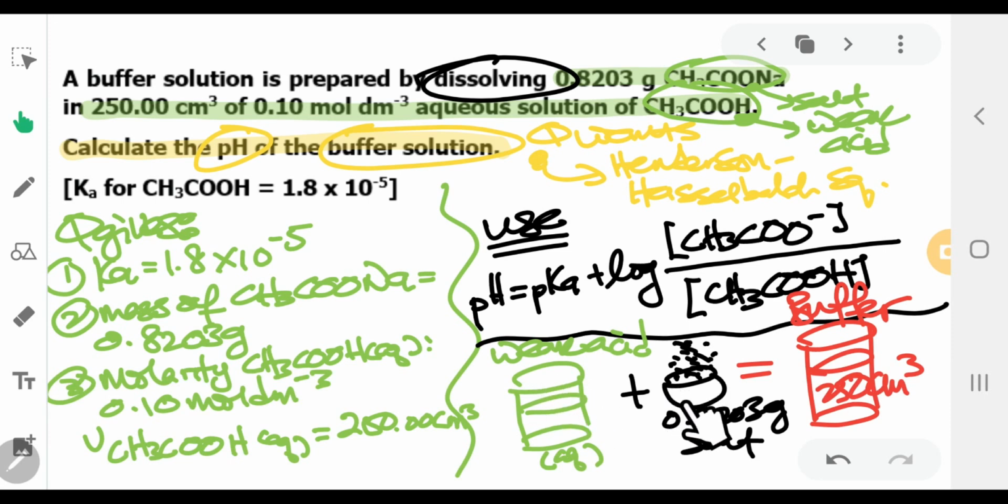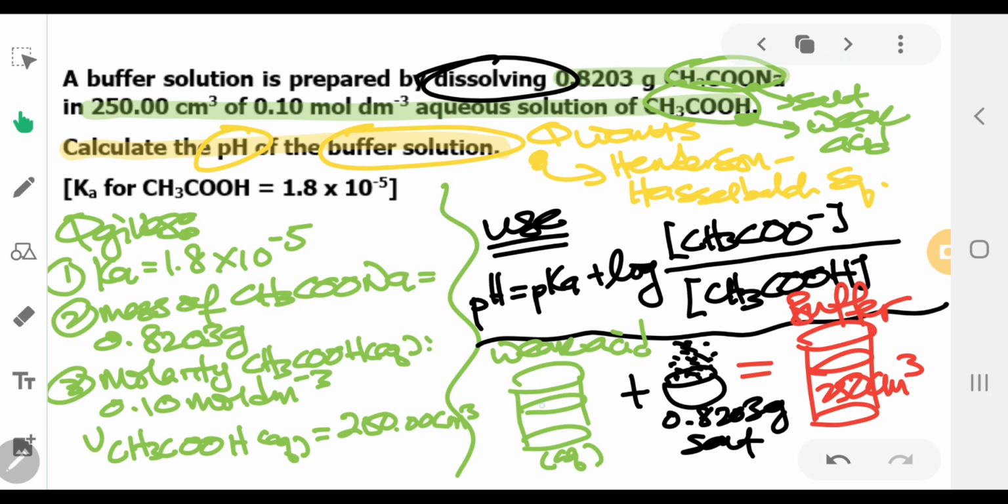If you have the salt in aqueous form, then the buffer volume will be the summation of both volumes, so you have to bear that in mind. In this situation, you have an aqueous weak acid mixing together with the solid salt, and now your buffer volume will be 250 centimeter cubed as well.